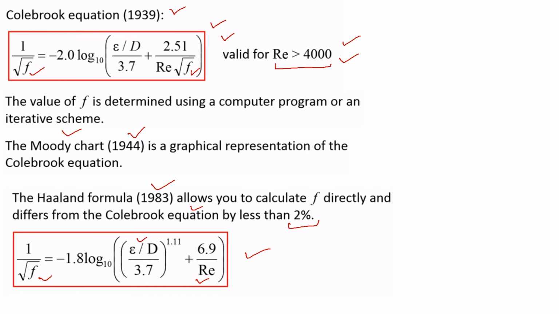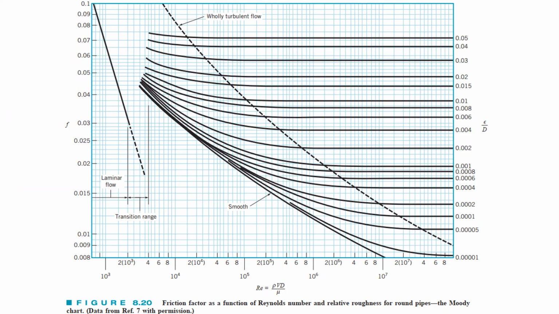So now let's have a look at the Moody chart and see how it helps us find the value of friction factor for turbulent regimes. This is the Moody chart, and the values on this chart were plotted by using the Colebrook equation. The friction factor is on this side, the horizontal axis is the Reynolds number, and here is the relative roughness, epsilon over d, of the pipe.